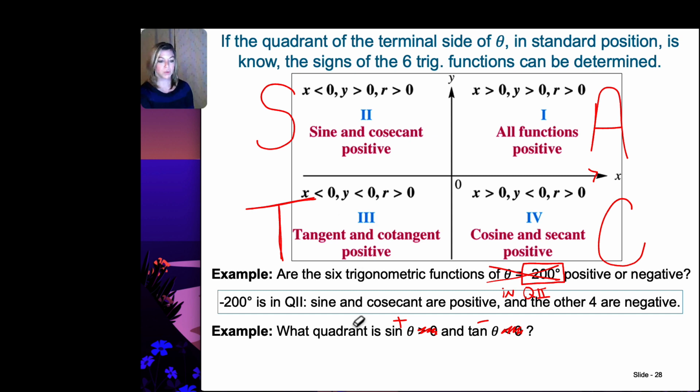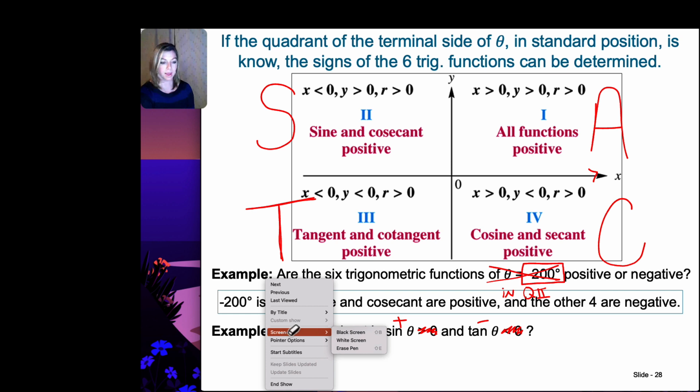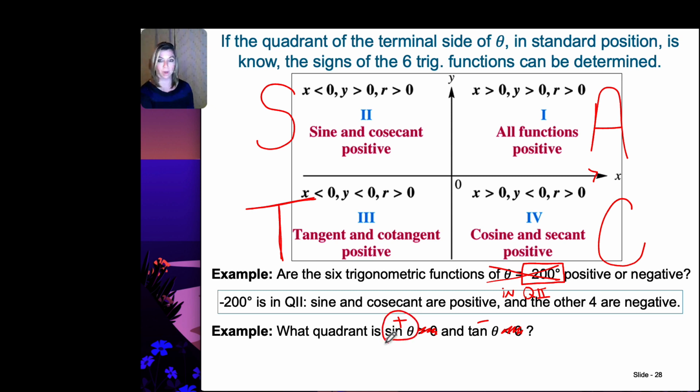Okay, I'm going to address the first restriction or requirement, and that is that sine needs to be positive. Okay, if sine must be positive, quadrant 1 is an option, quadrant 2 is an option, quadrant 3 is not. For sine to be positive, we would have to be in quadrant 1 or quadrant 2, because in quadrant 3, sine is negative, and in quadrant 4, sine is negative.